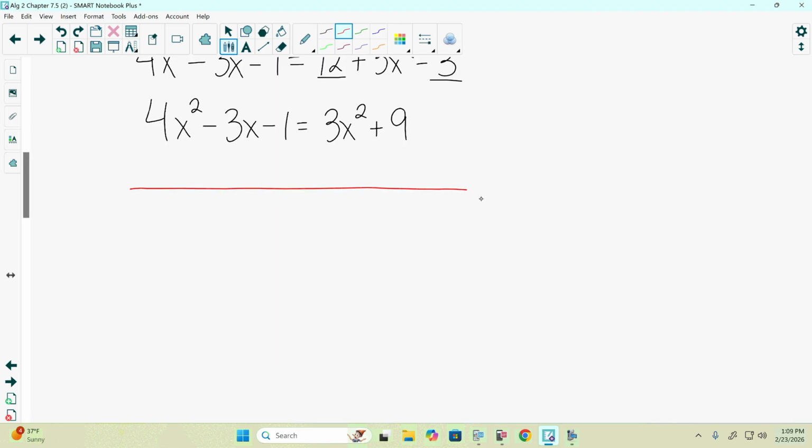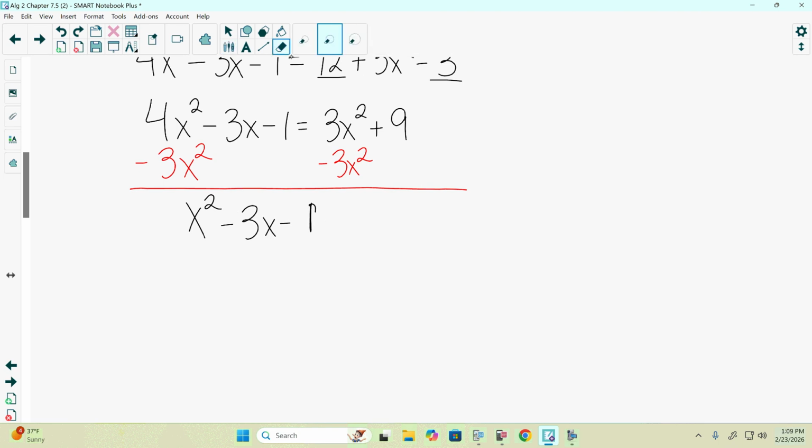Now we can start moving terms, subtracting or adding terms to both sides to get this equation equal to 0. Now when we subtract 3x squared from both sides, our 4x squared minus 3x squared is going to give us x squared, minus 3x minus 1.